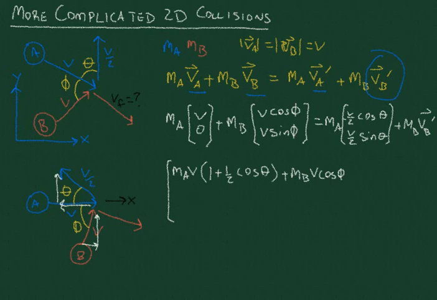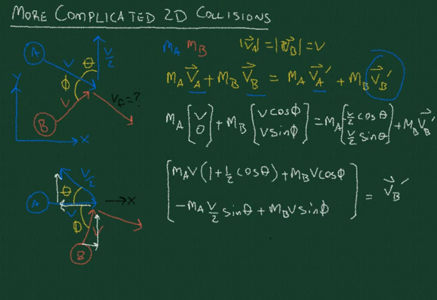And then the y component, there's no y here, so we have our minus mA v over 2 sine theta plus mB v sine phi. We set this equal to the velocity of B.